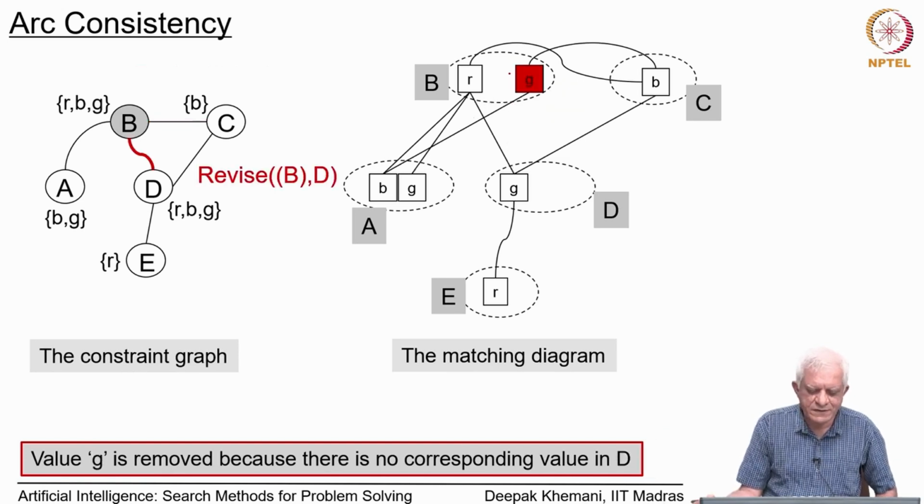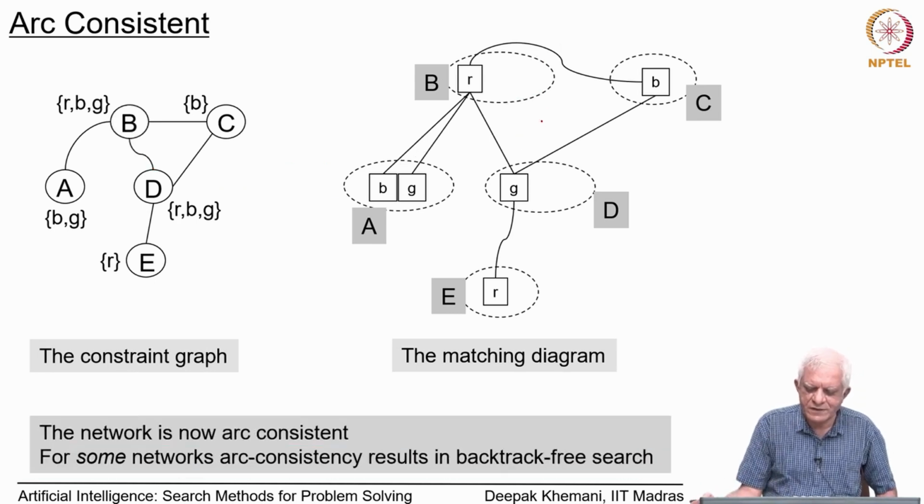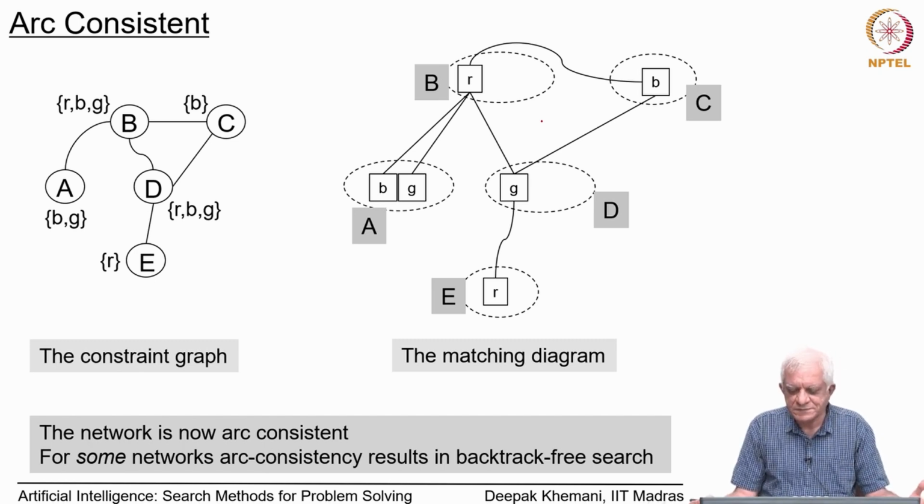So, you remove B from there, and when you revise G with respect to D, again the same problem occurs, and you remove that essentially. By the time you have made the network arc consistent here, you can see that you can do the search algorithm in any order, and you will reach a solution without backtracking essentially.